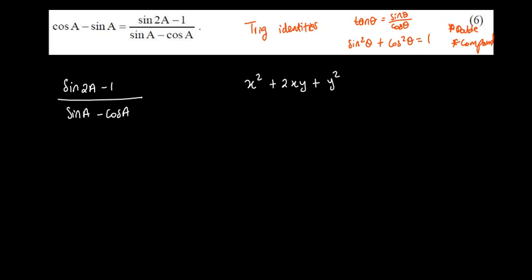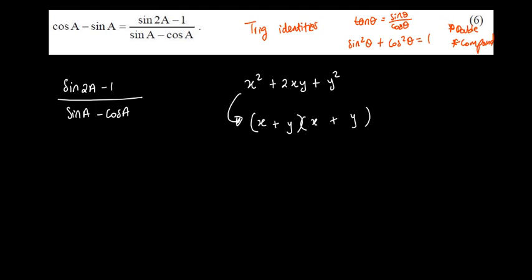Good people, this is a common expression that they like to use in identities. Please let's know it. Whenever you have to factorize something like this, you're going to open two brackets, and in those brackets you're going to have x, x, y, and y, then plus and plus. This is the factorized version.